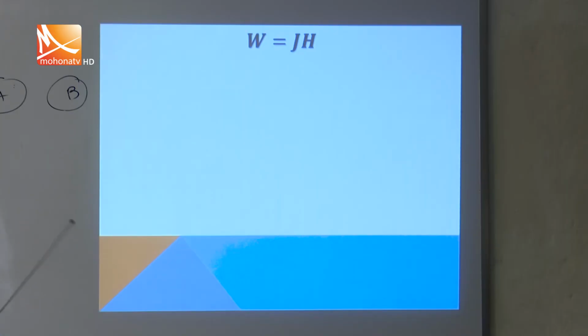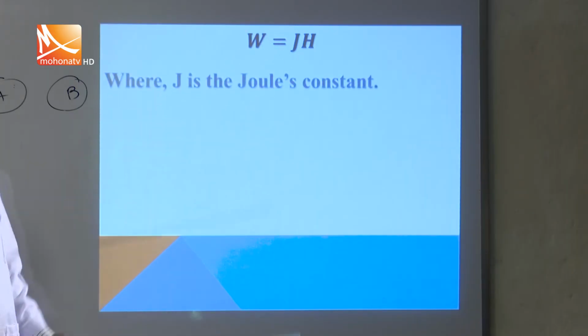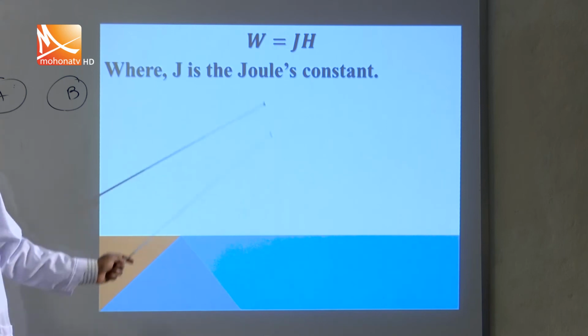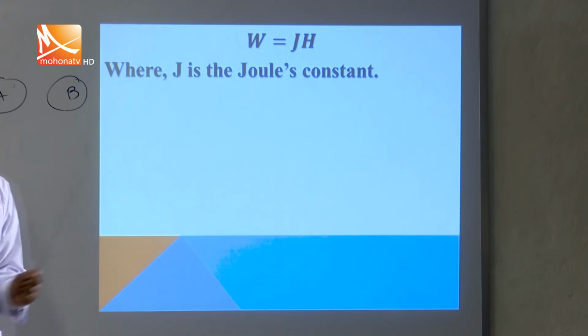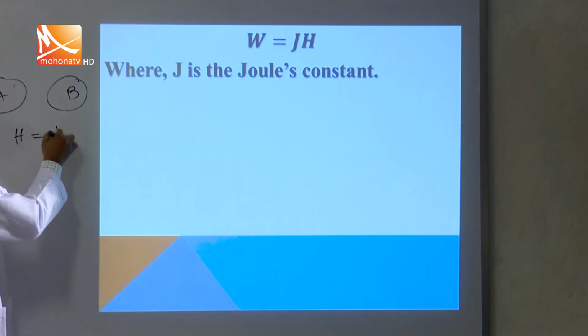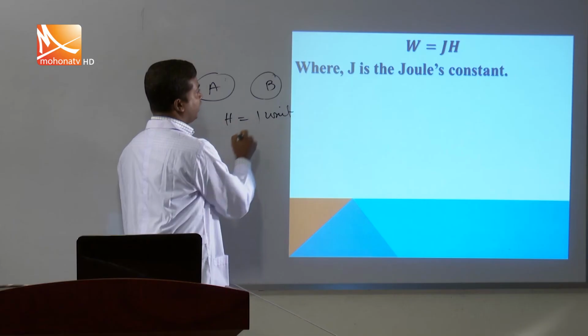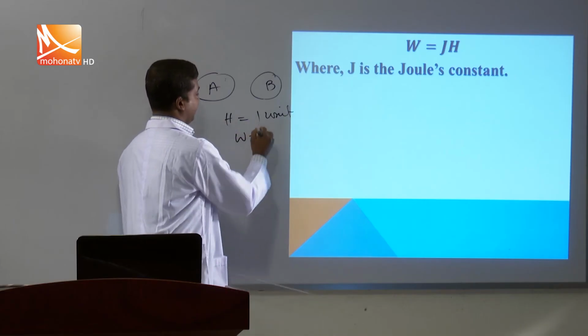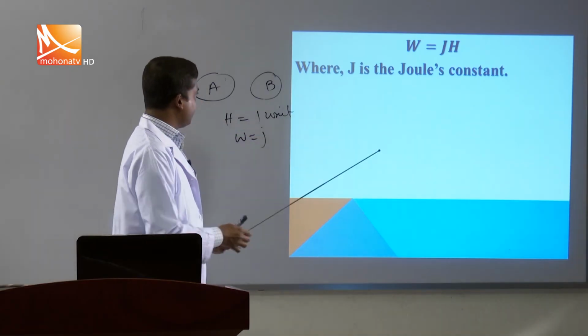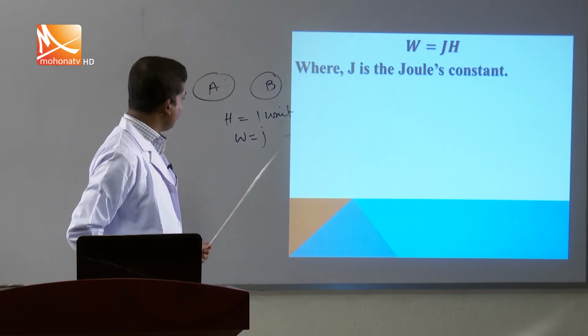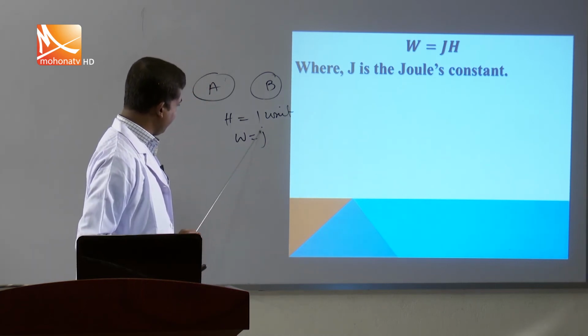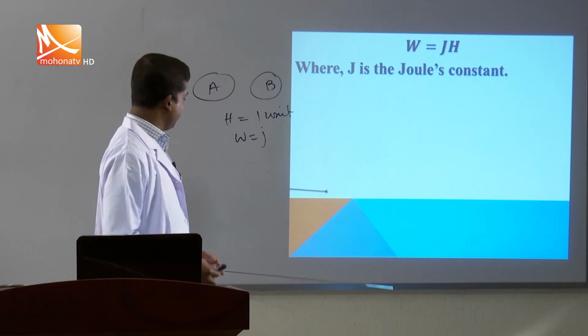So, what is J here? J is the mechanical equivalent of heat, simply known as the Joule constant. If H equals 1 unit, then W equals J. So, J is the work done, the mechanical equivalent of heat.